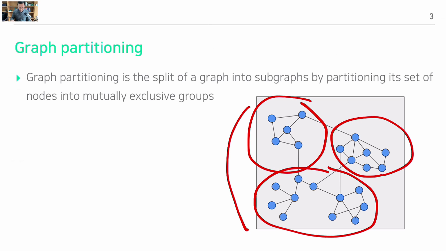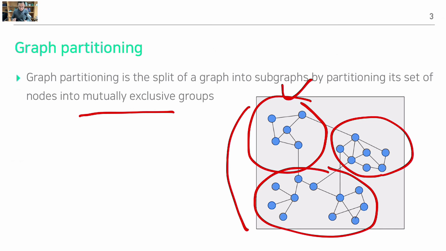So let's say each group should be mutually exclusive, which means when we get the partition from the whole graph data, each partition is more densely interconnected.